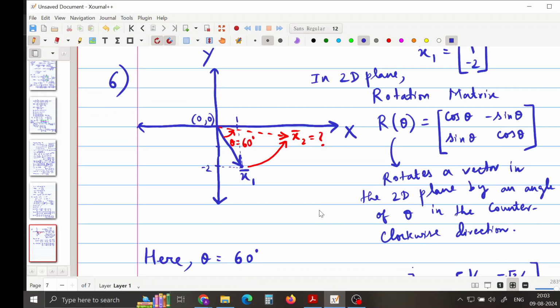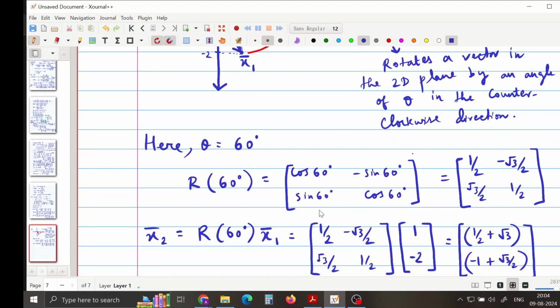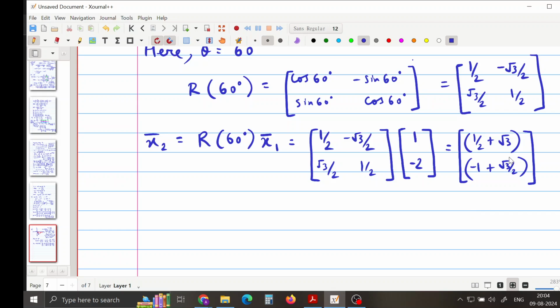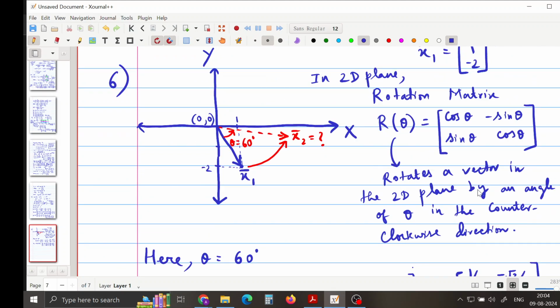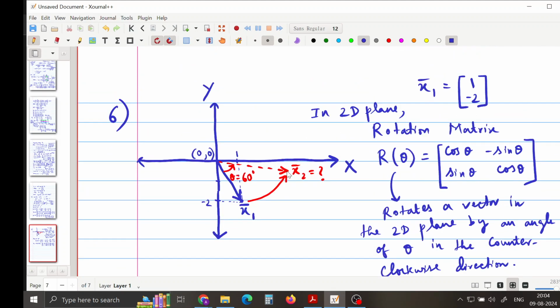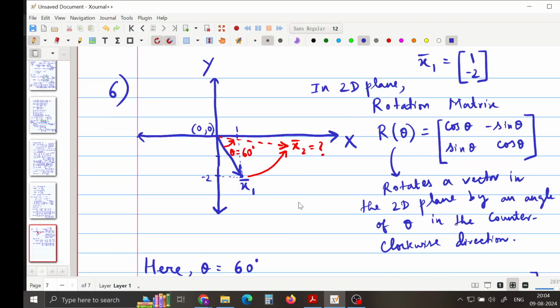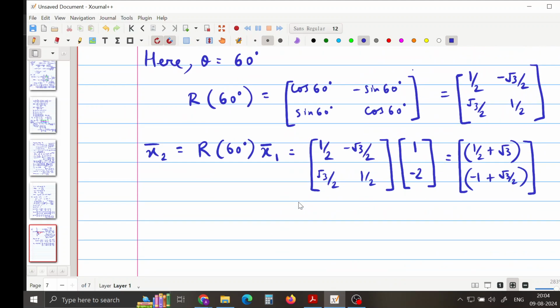Now it has gone to some 2.2, slightly more than that. And the y coordinate is minus 1 plus root 3 by 2. Root 3 by 2 is 1.7 by 2, some 0.85, and 0.85 minus 1 is something negative, slightly negative, right? So this is your x2.